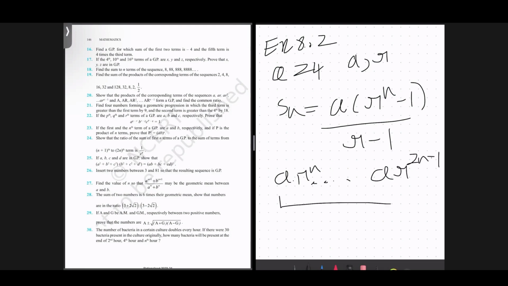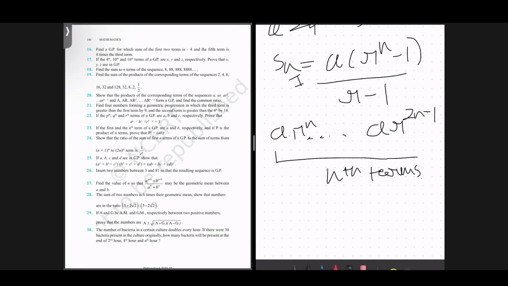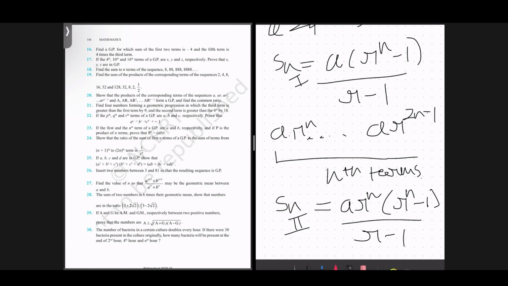So these are n other terms with common ratio r and the first term as a r raised to the power n. So that was Sn first, and now we're going to find Sn second, when the GP now begins from the next term of the previous GP, which is going to be a into r raised to the power n. The second GP is going to have the first term as a r raised to the power n. The number of terms is n again. So in the bracket we have r raised to the power n minus 1. Common ratio is r again. So in the denominator you have r minus 1.